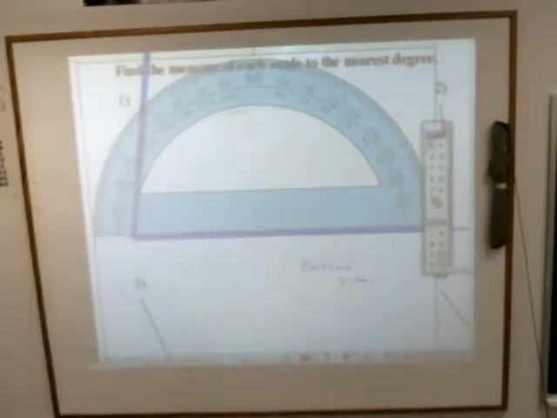Everybody got them extended there? You can't just freehand them. You have to use the sides of the protractor that are here. See how your line is up here? Make a nice straight line and you just continue the line. You cannot freehand a straight line, kids. I know. I've tried. Doesn't work.